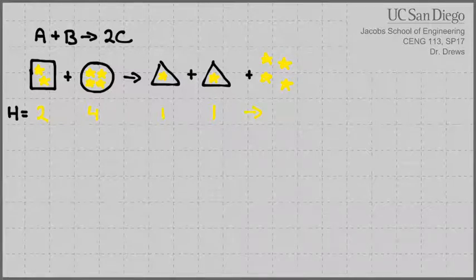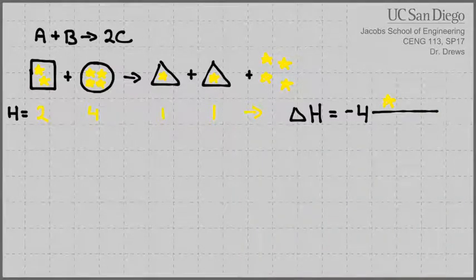As a result, we would calculate something along the line, I'm going to switch back to black because that looks weird. Our delta H looks something like 1 plus 1 minus 2 minus 4, which is minus 4 stars. The units on that, you can see if I switch the star to a joule, now the analogy works pretty well. But the units on that were a little bit funny.